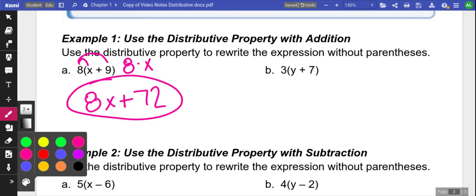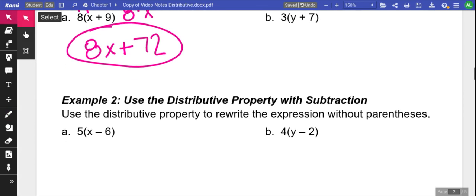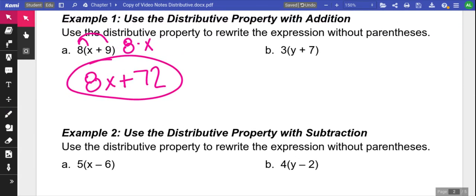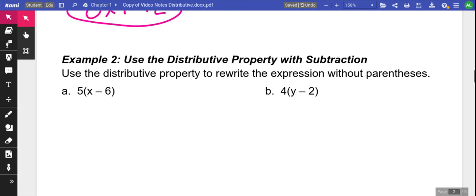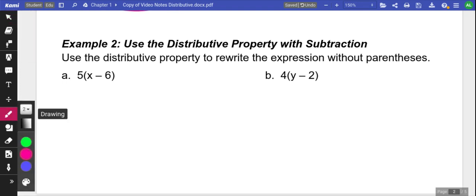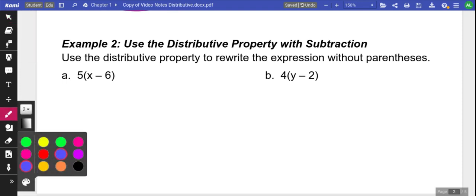Most of these are fairly simple. It gets a little bit more tricky here with one of these subtraction problems. So use the distributive property with subtraction. Let's think about this problem here. This 5 times this X minus 6. We have our 5 times X, and then let's think of this as 5 times negative 6.